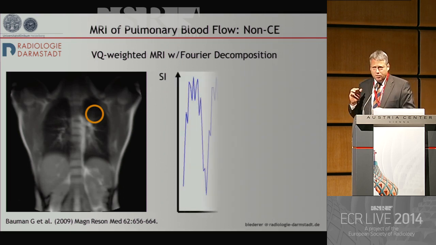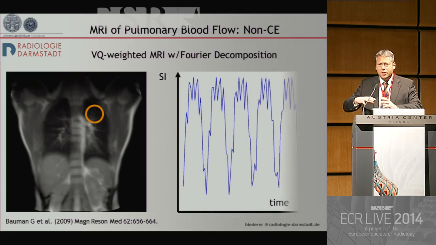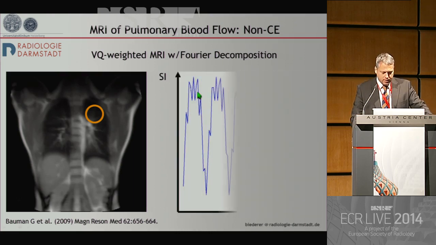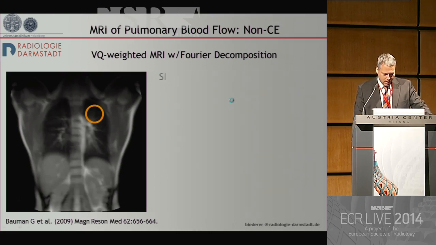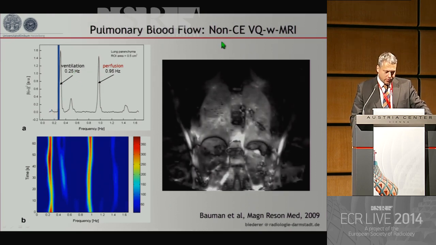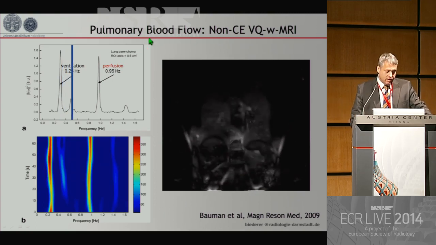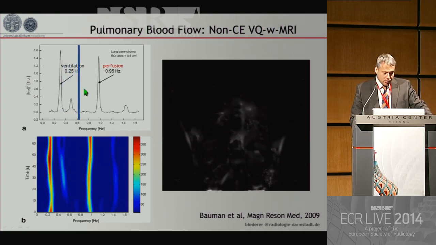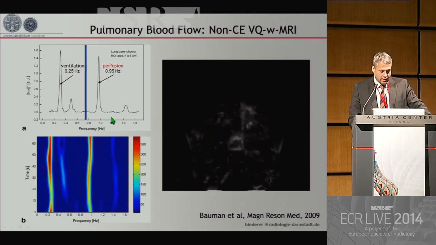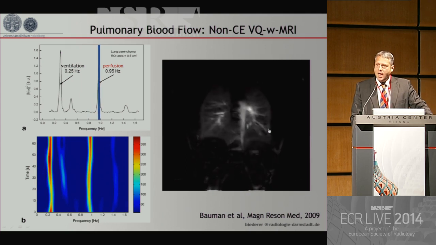It will decrease in systole when the blood is flowing rapidly, and when it slows down in diastole, it goes up. So we see the heart frequency and the perfusion. From these image data, by Fourier transformation, you can extract the ventilation-related data and the perfusion-related data and come up with a ventilation- and perfusion-weighted image of the lung.